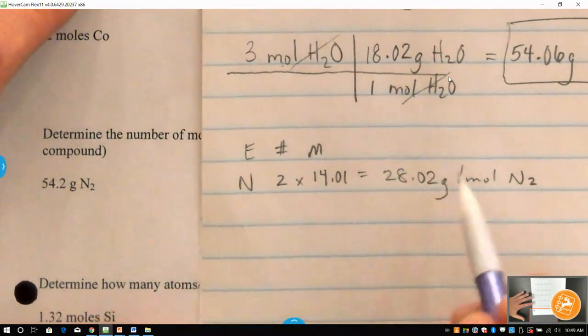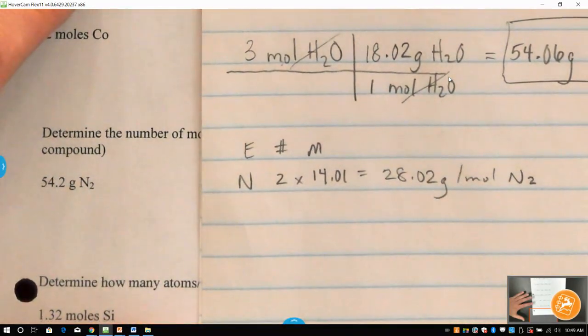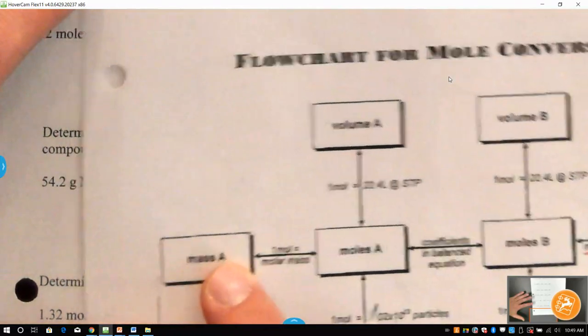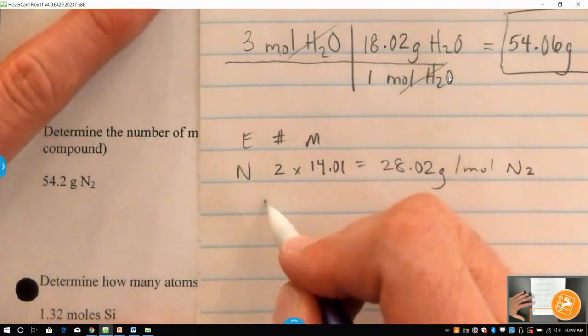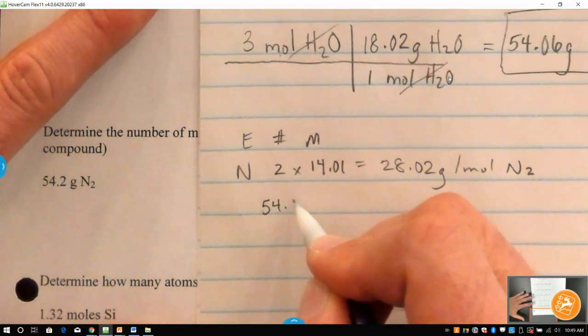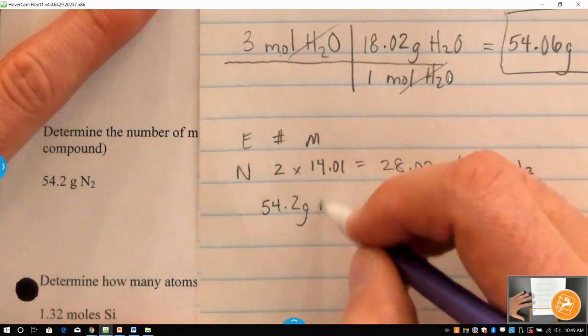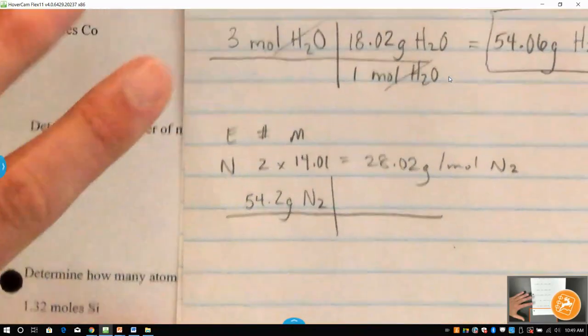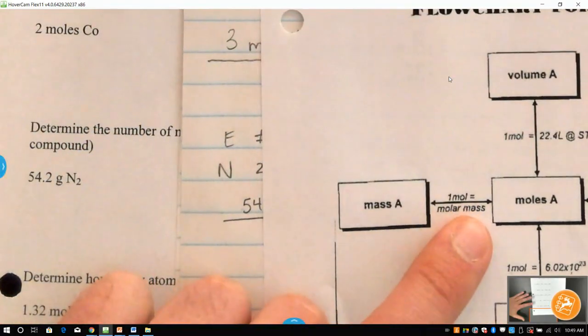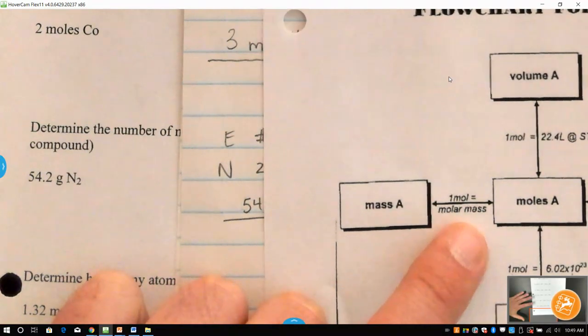Now that we know its molar mass, we can do our steps. Take the mass given, that goes in the starting spot. So we're going to get 54.2 grams of N2. And then our conversion factor would be 1 mole of N2 over the molar mass.